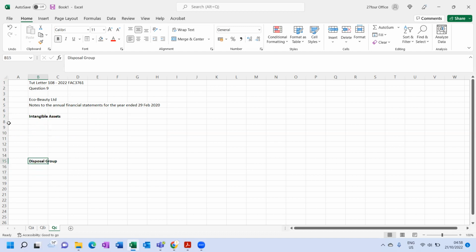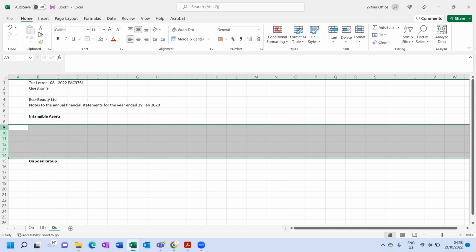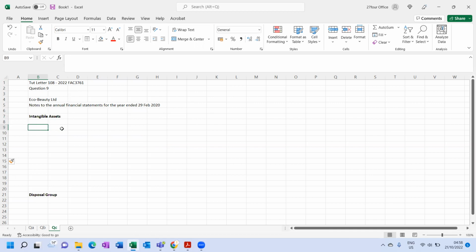Okay, so the intangible asset is simply similar to that of PPE. So we're going to have here internally generated asset. Okay, so you can call it that. We're going to have costs, accumulated amortization. Okay, then we would have carrying amount 1 March 2019.